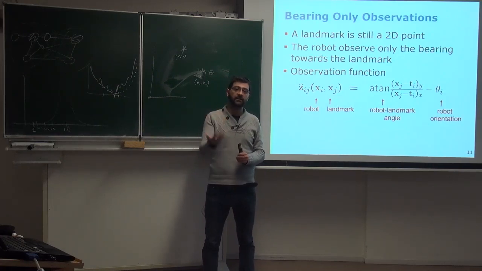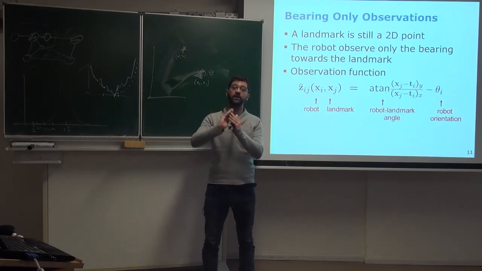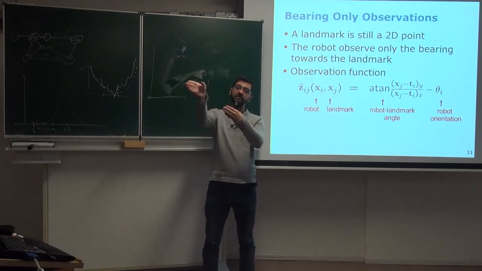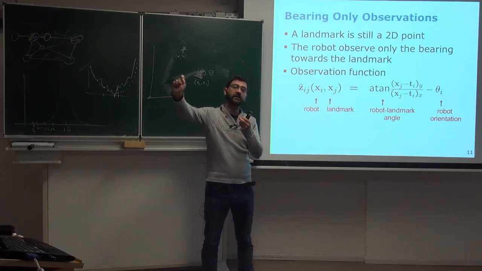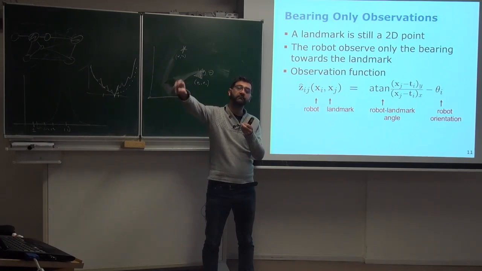You can see cameras as bearing only sensors because they normally have no idea on the distance or how far something is from the projective plane, but they just have a ray that goes in a certain direction and gets the luminosity of that specific area back.